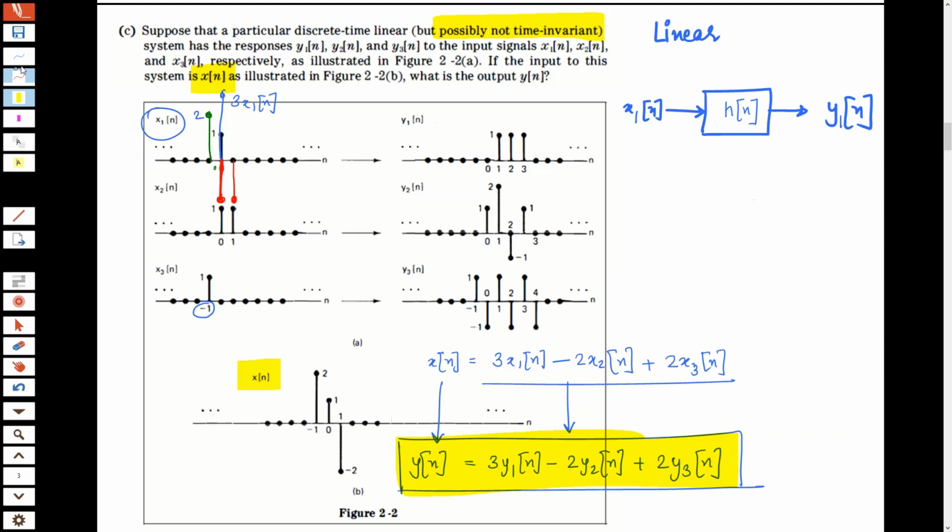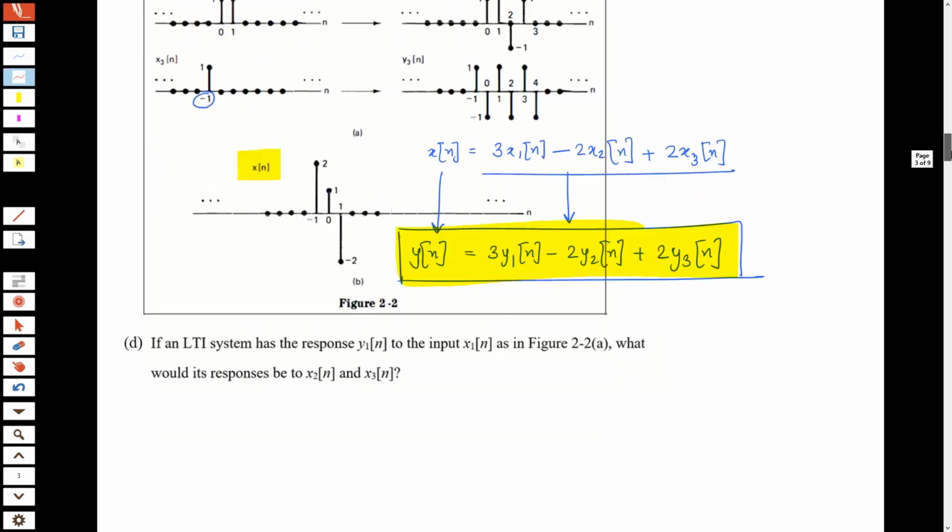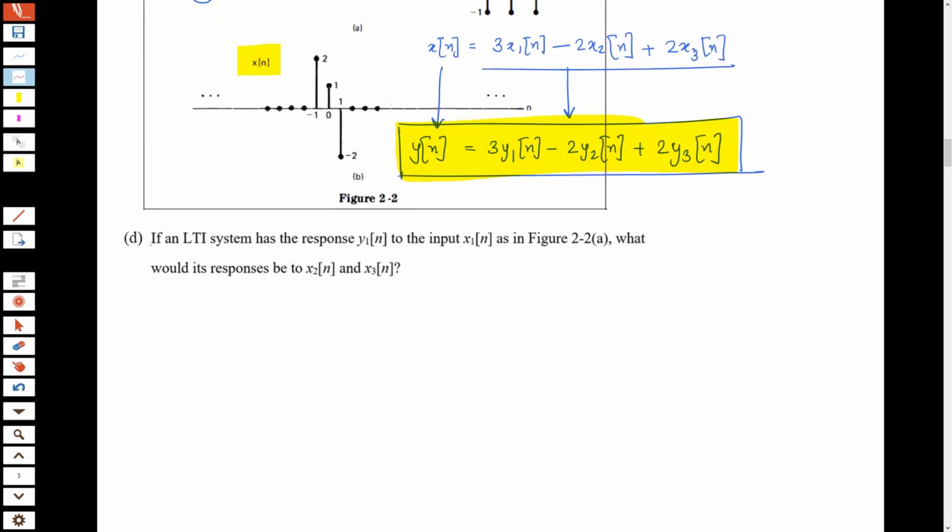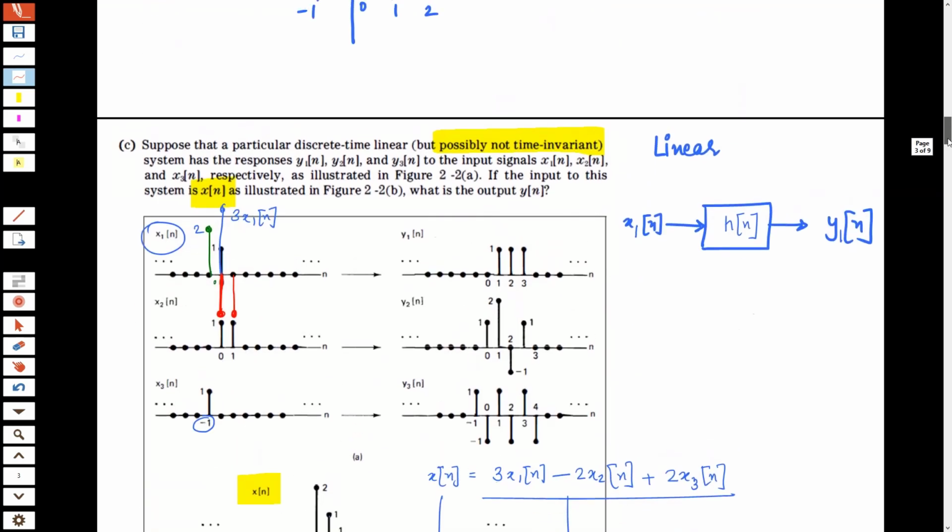Now moving to the next part. If an LTI system had a response y1[n] to input x1[n], what would be its response to x2[n] and x3[n]? In part D, it is clearly saying that the system is linear and also time invariant. That means now we can express the signals in terms of shifted versions of x1.